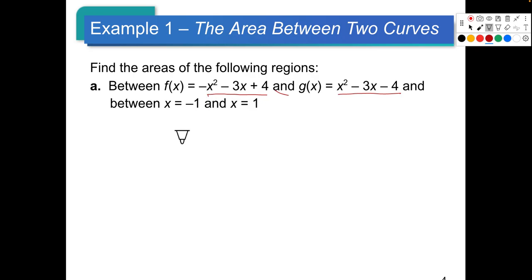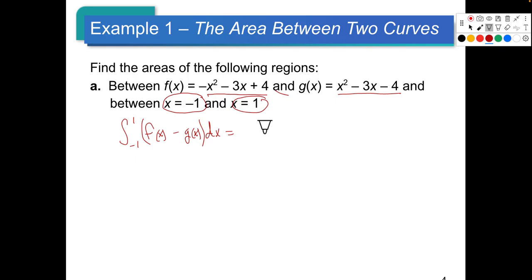And then what we're going to do is get the area between -1 and 1. So basically, we'll set this up, but we're just going to take the integral from -1 to 1 of f of x minus g of x dx, right?